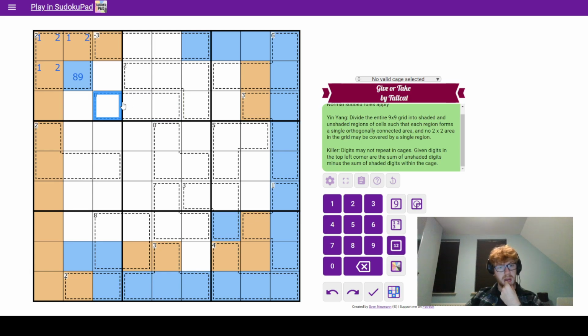Well, this 0 cage has to be 2 and 1, but you don't know the division of them. Blue minus orange.